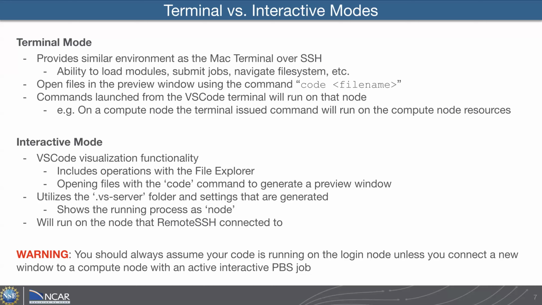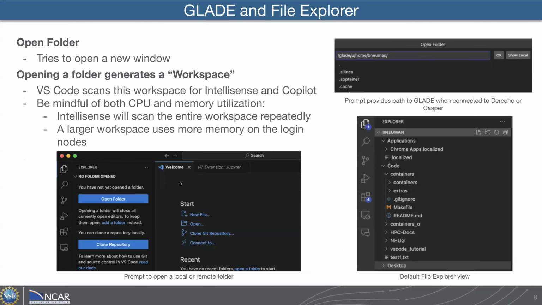And so what that means is that even if you were to launch an interactive job using qsub and your terminal showed that you had an actual compute node, if you're running commands, let's say a Jupyter Notebook cell in one of those preview windows, it's actually still going to be running the code on the login nodes. So one thing that you should consider here is that if you're running code in a preview window, you should always assume that it's running on the login node and be aware of that. And so connecting to the compute node, I'll go over that in the next few steps here. But just be aware of that.